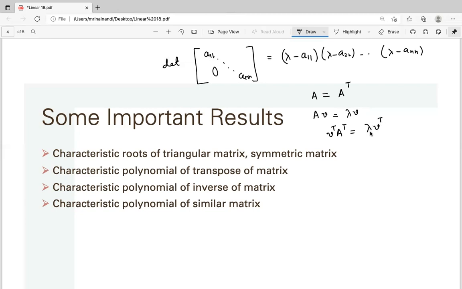There is no question of lambda transpose; lambda is a field element.